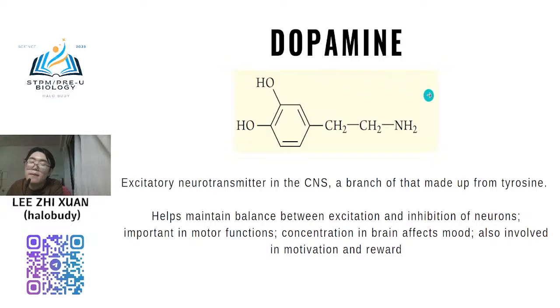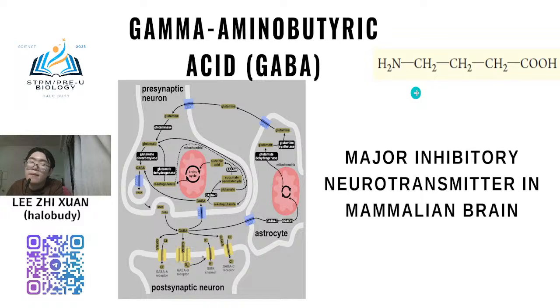Okay. And another one is GABA. This one I just want to show you as an example of IPSP, the inhibitory postsynaptic potential that I mentioned before. The full name is gamma aminobutyric acid, GABA.